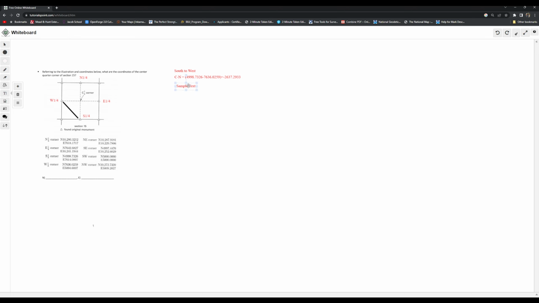All right, now this is going to be the same thing as before, but now the change in easting equals... parentheses. Just to make sure that we're not getting it confused, let's use the same reference. We subtracted the south minus the west, so let's do the same thing. The south easting is 7614.0897.